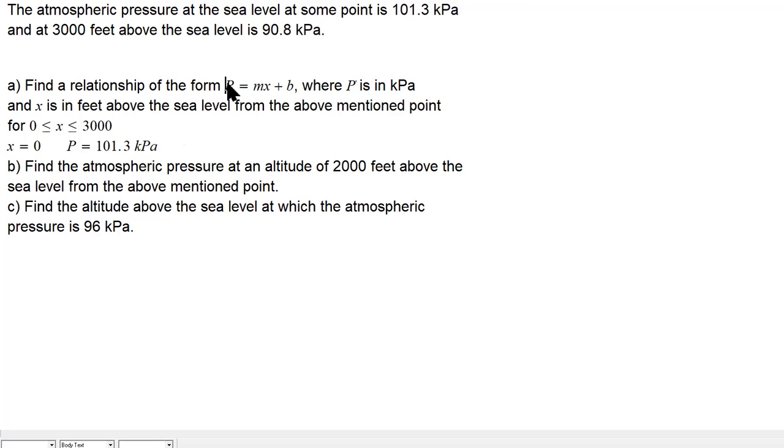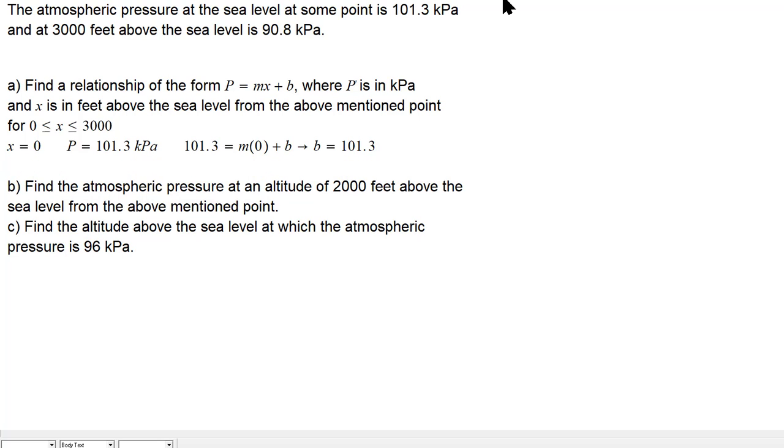It means that if X is 0, then P is 101.3, which gives us that B equals 101.3.